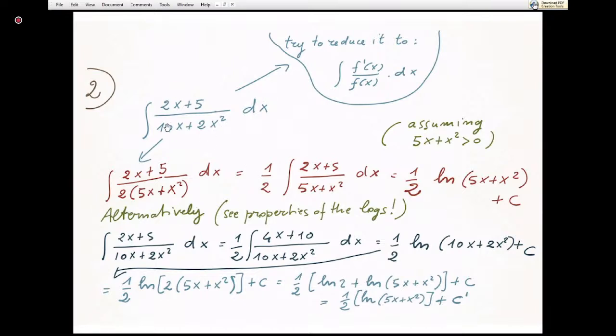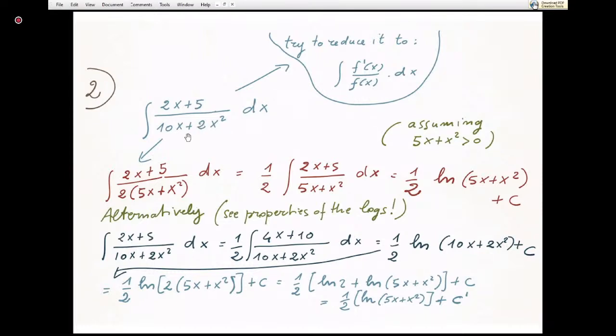Suppose that you have this function, you want to compute the integral of this function. Okay, we look at the structure, we see the function in the denominator. And we wonder whether the numerator is the derivative of the denominator, because in this case we would have a structure of the type f prime over f. Okay, and the integral of this is the log of f.